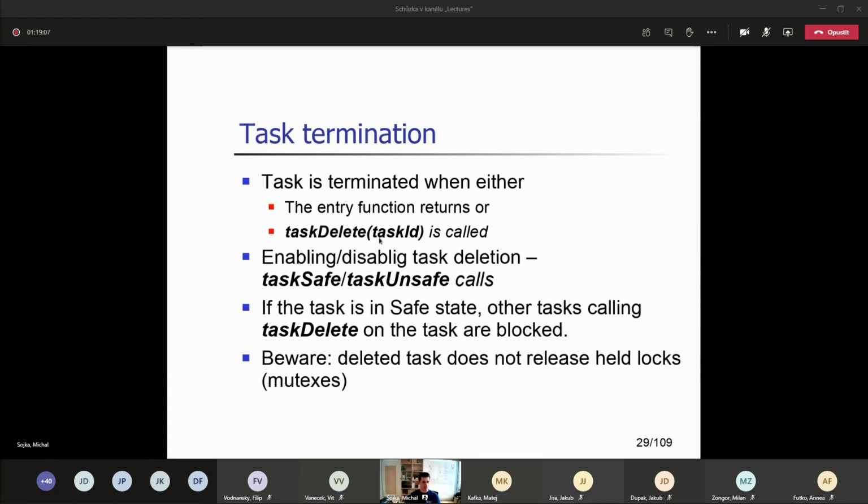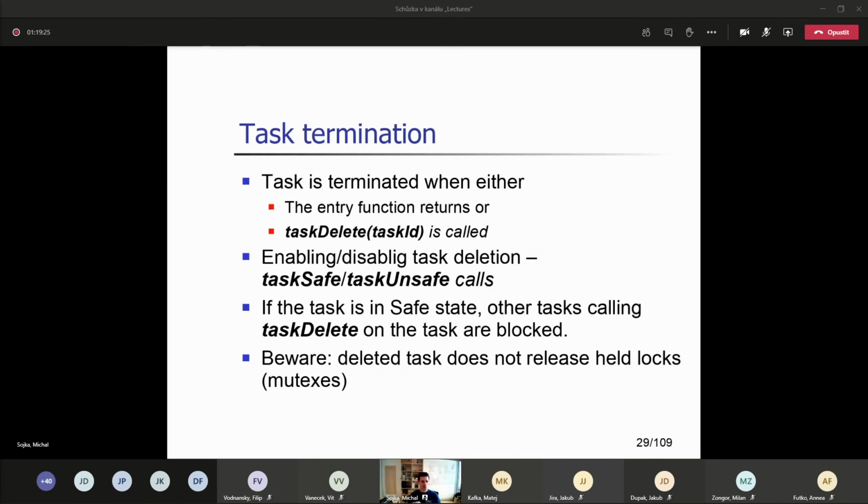Deleting other tasks in the system can be dangerous. For example, the task might have allocated some memory, do some stuff with the allocated memory, and later want to deallocate it.